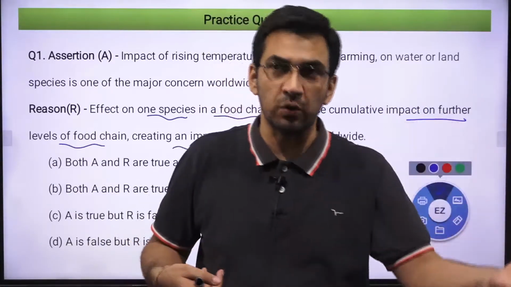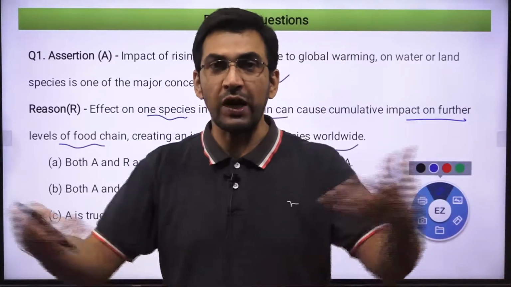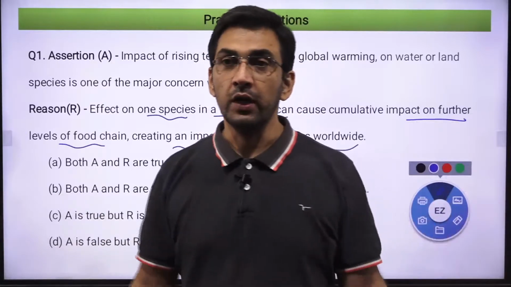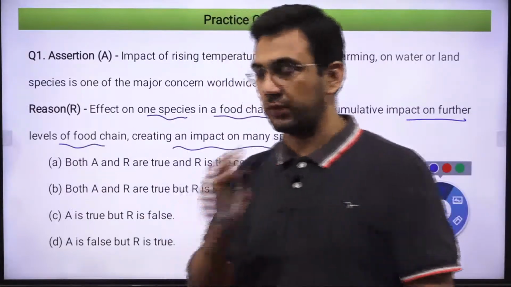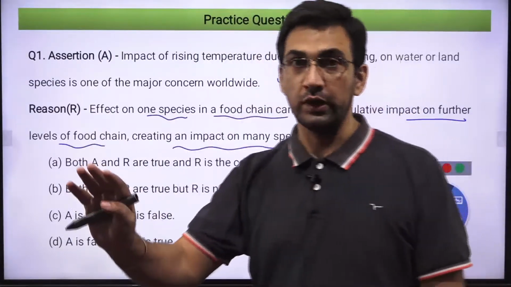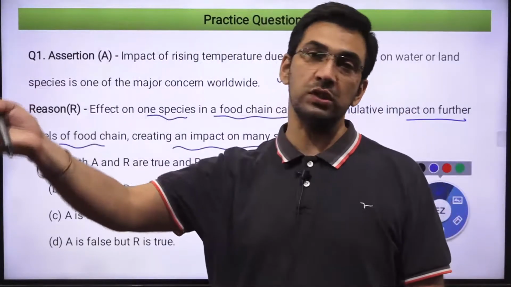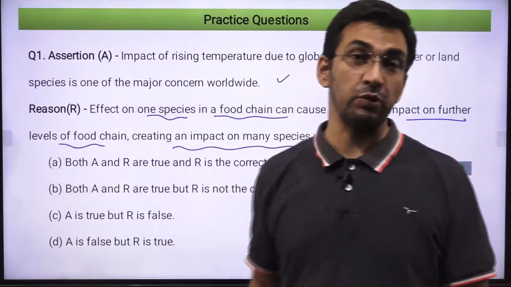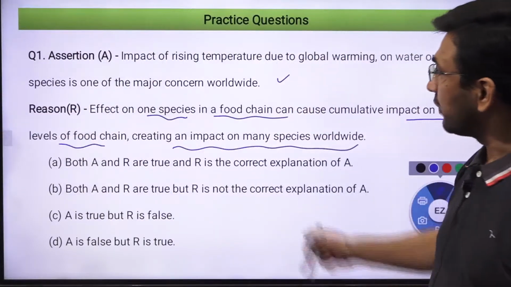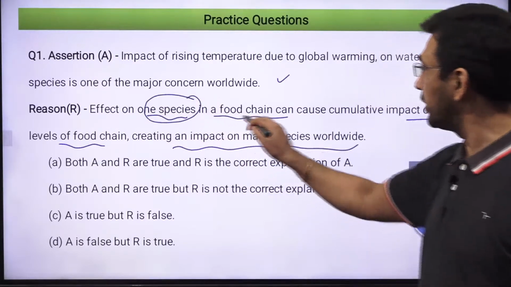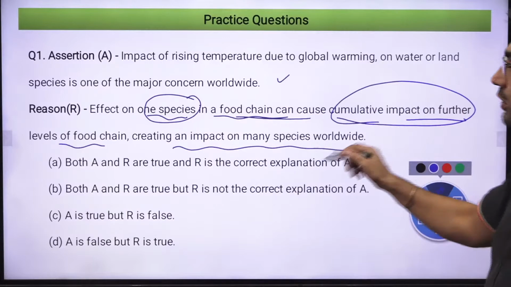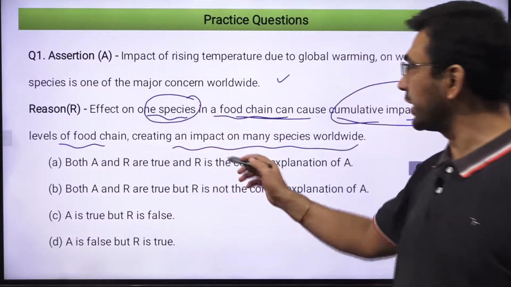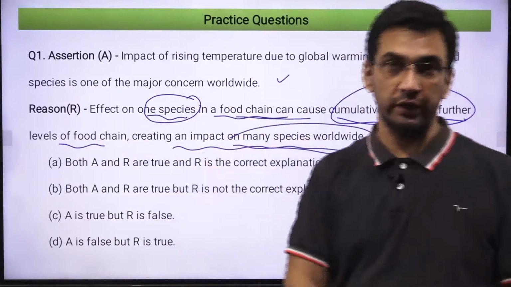One species is dependent upon another species, so you have a food chain and food webs. If some species become extinct or are removed, then what is going to happen? The next species which is dependent upon it will be in trouble. So it means the effect on one species in a food chain is going to have a cumulative effect on different levels of the food chain, creating an impact on many species worldwide, right?